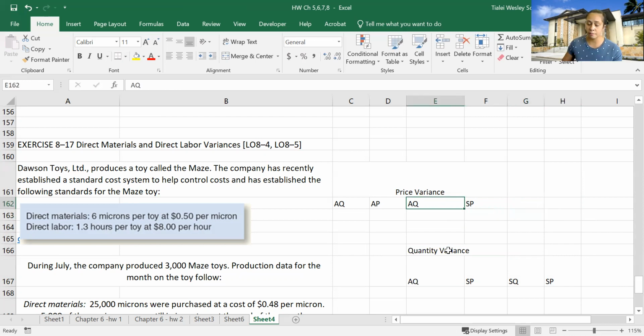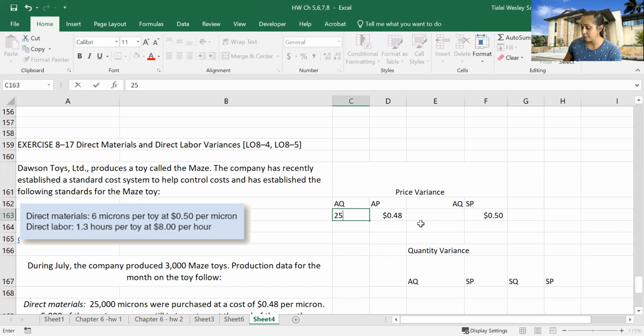Okay, so I have my formula set up here. I'm going to use the left side of my equation, and I'll put in my standard price and my actual price. The standard price is 0.50 per micron. Actual price, they told me they purchased at a cost of 0.48.